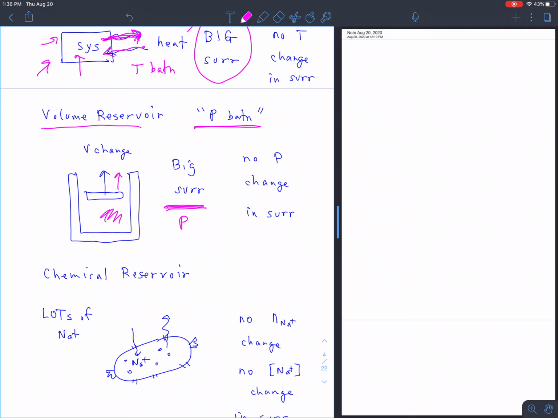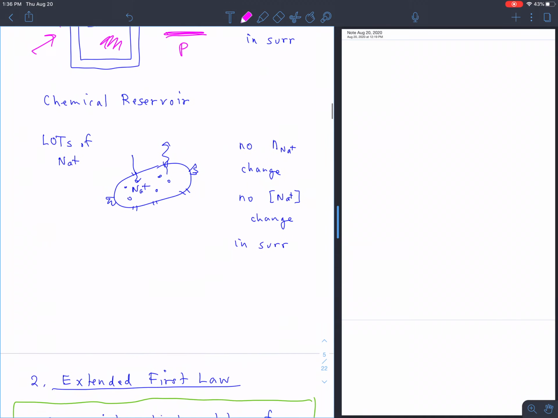If the surroundings are all of the laboratory in which you have your beaker, or all of Albuquerque for that matter, or all of the world, then moving the plunger in the beaker up and down a little bit doesn't change the pressure of the surroundings, and so you have a P bath, or a volume reservoir, and that holds pressure constant. Pressure becomes a natural variable in that case.